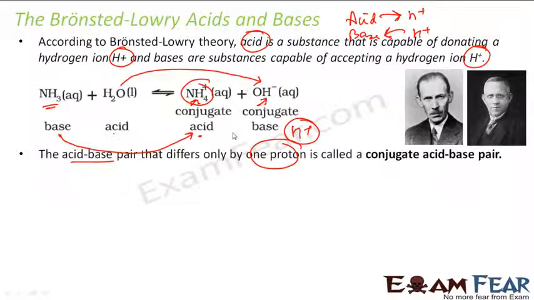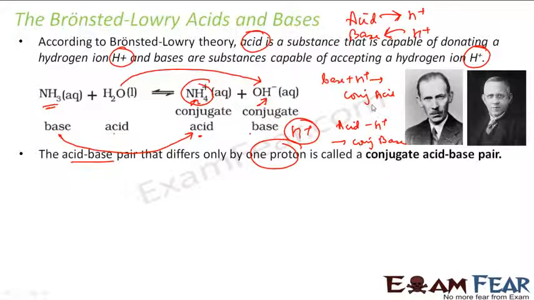So this is acid, it will have a conjugate base. Base, conjugate acid. On base, if you add H plus, it becomes conjugate acid. In acid, if you subtract H plus, it becomes conjugate base. So the rule is pretty simple. The difference is only H plus ion.